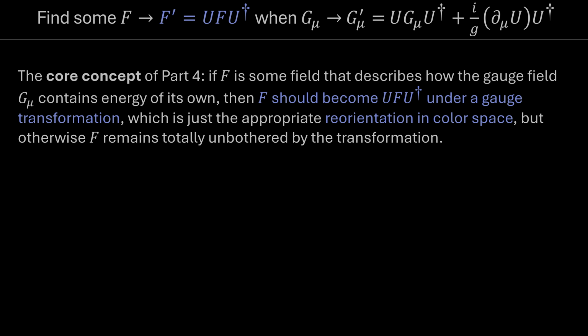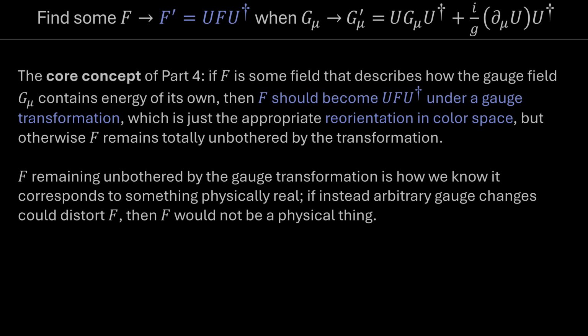Okay, now the next guiding principle that we're going to use is that if F is going to somehow correspond to or encode real observable energy, then from one gauge to another, it should undergo the adjoint transformation. That is, F in the new gauge, F prime, should be F in a UU dagger sandwich.